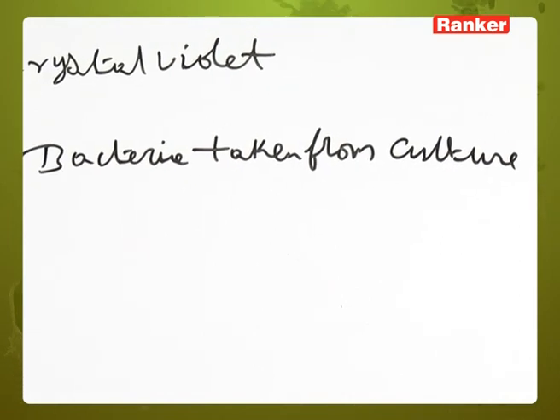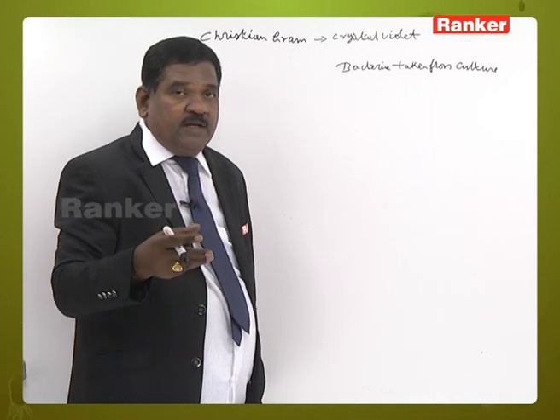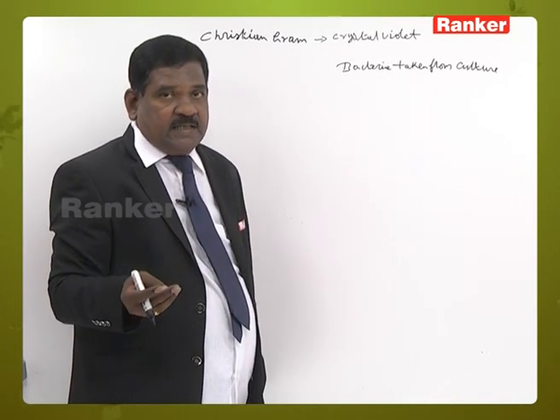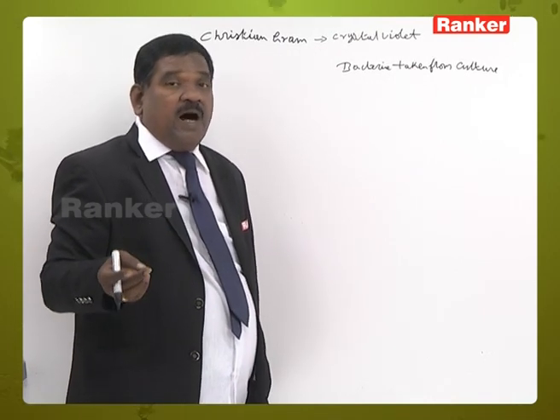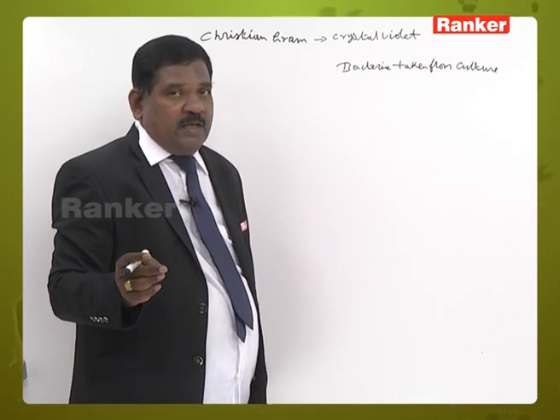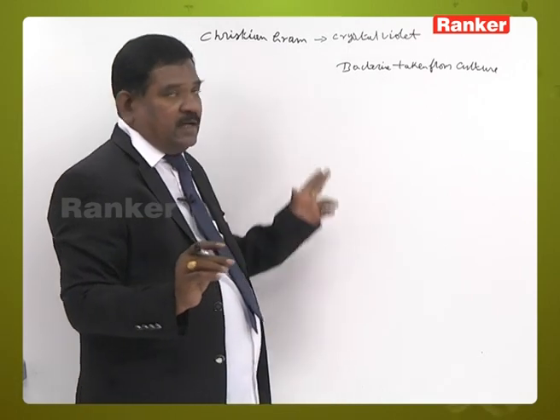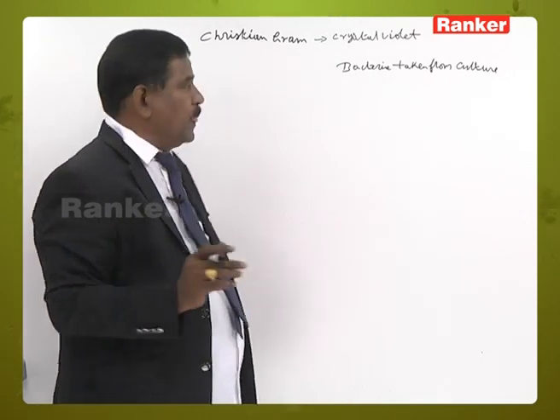What is the meaning of culture here? One bacterium placed on the nutrient medium multiplies, and a large number of bacteria are present, all of the same kind. So in a culture, only one type of bacteria is present. That's the reason he took the bacteria from the culture.